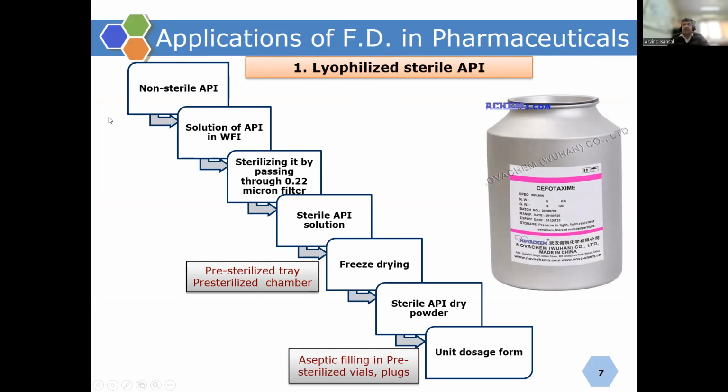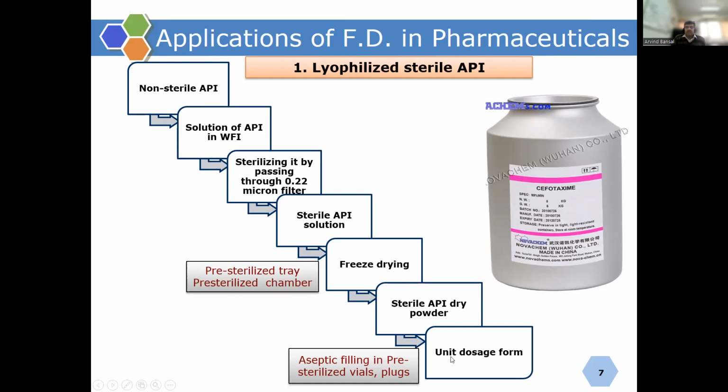The steps involved include taking first the non-sterile API, dissolving it in water to get a solution of the API in water for injection, followed by sterilizing it by passing through a 0.22 micron filter to obtain a sterile API solution, which is then freeze dried in a pre-sterilized tray and a pre-sterilized chamber of the lyophilizer to get the sterile API dry powder.